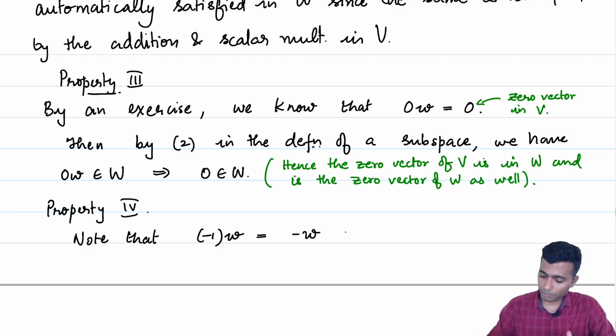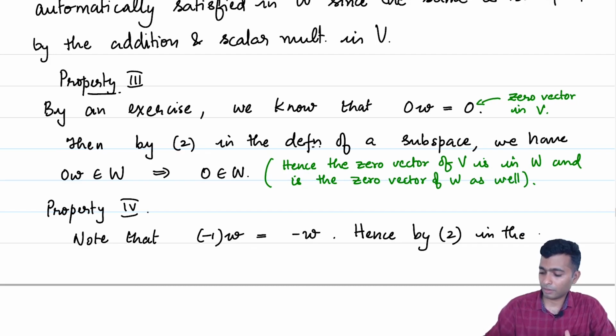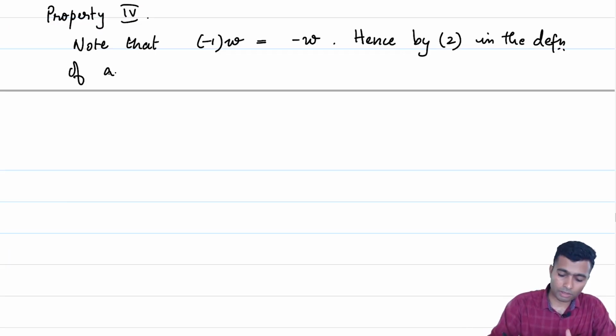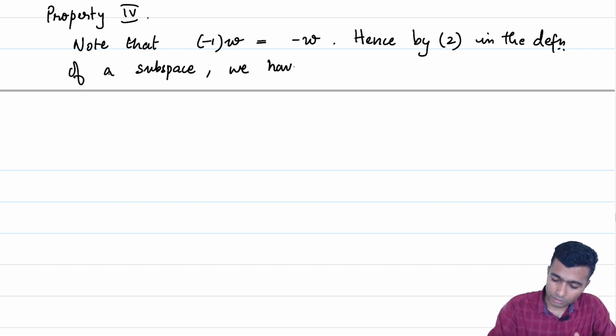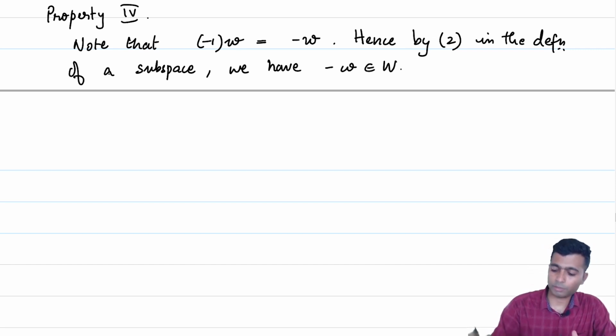So, this implies that again by property 2 in the definition of subspace, which says that W is closed under scalar multiplication, we have minus of w is an element of capital W.